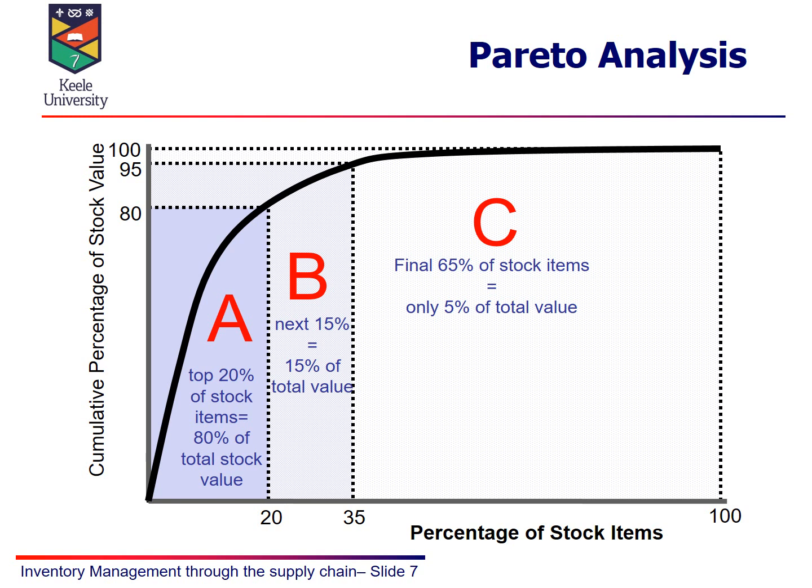So this diagram indicates that very typically when we look at the total number of items that we stock, that's the x-axis across the bottom, the percentage of stock items, we find that the top 20% of stock items very often account for as much as 80% of the value.